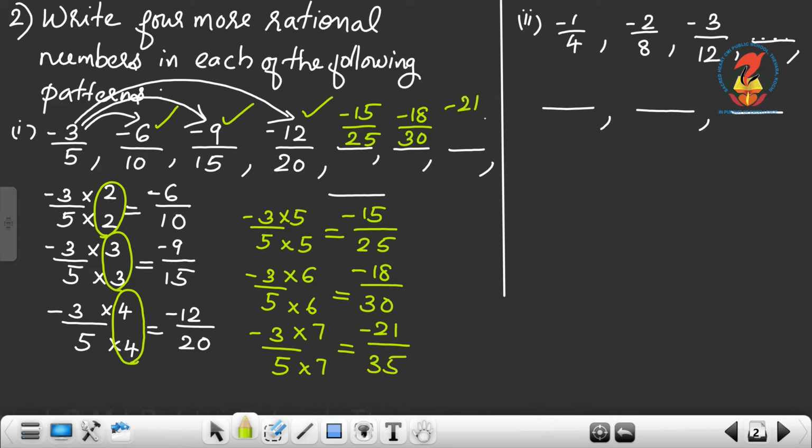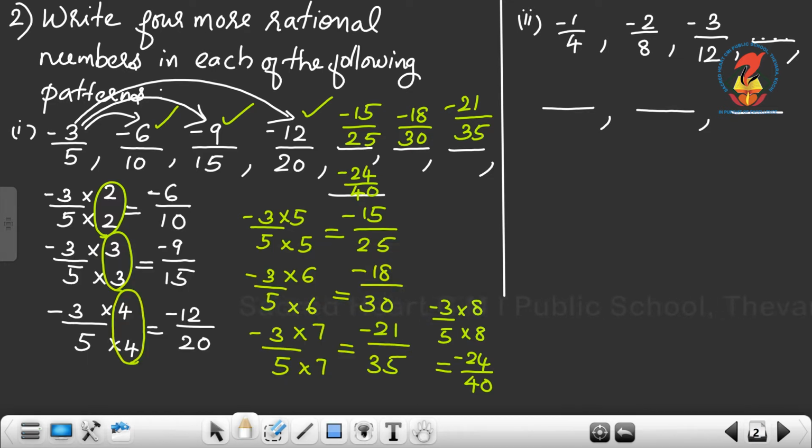So the next one, negative 21 by 35. Again, negative 3 by 5 into 8. So we will get negative 24 by 40. So the next rational number is negative 24 by 40. See, we got the 4 rational numbers in the pattern.